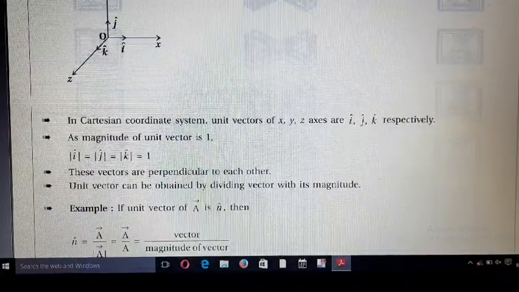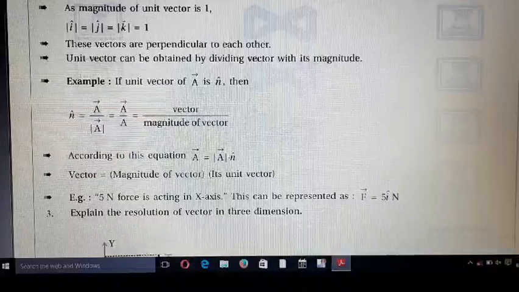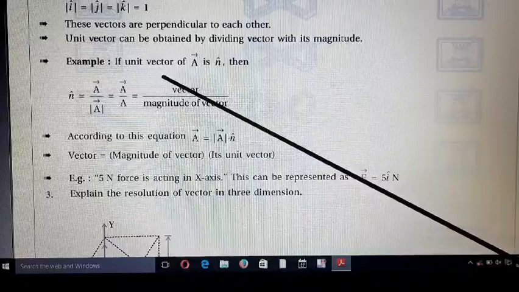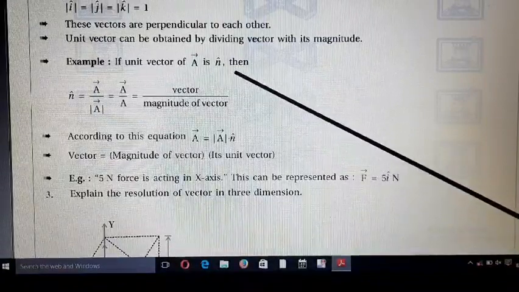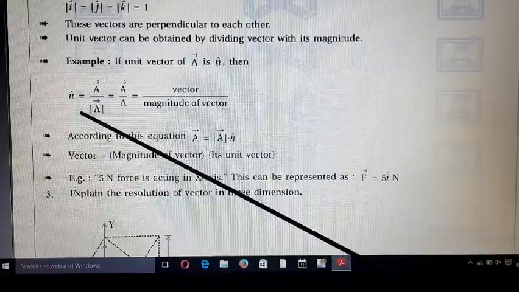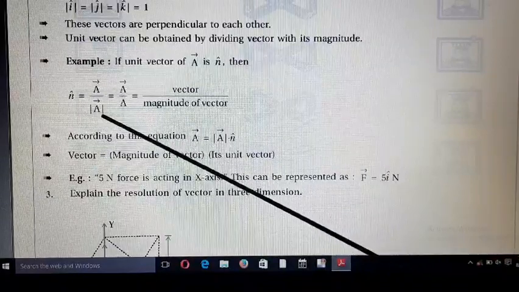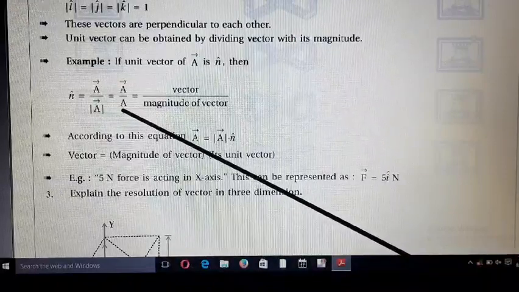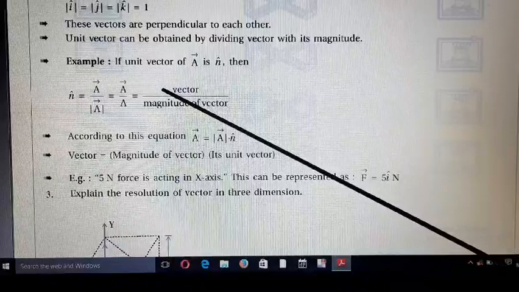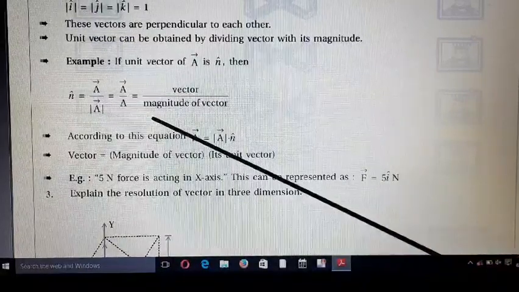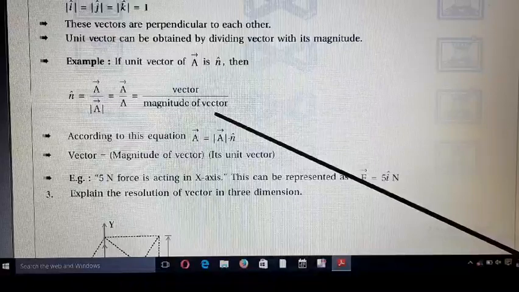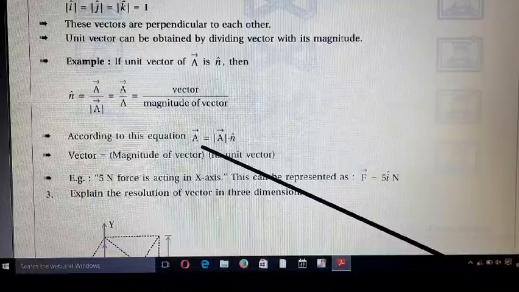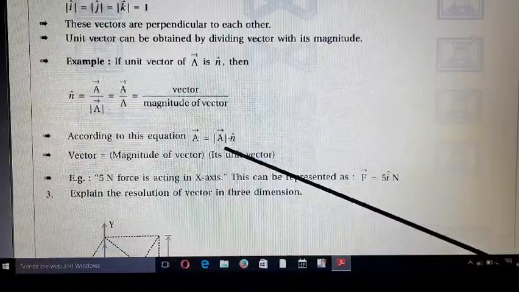Look here, our example. If the unit vector of vector A is n caret, then n caret is equal to vector A upon mod A. It is also denoted by A caret. In words we can write vector A upon magnitude of vector A. So according to this equation, vector A is equal to mod A into n caret.